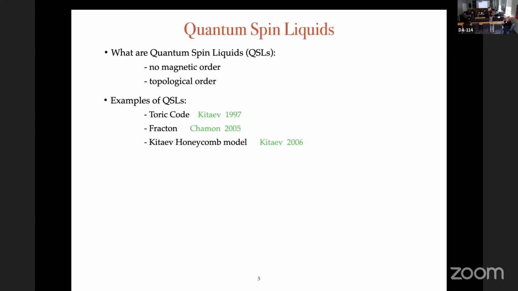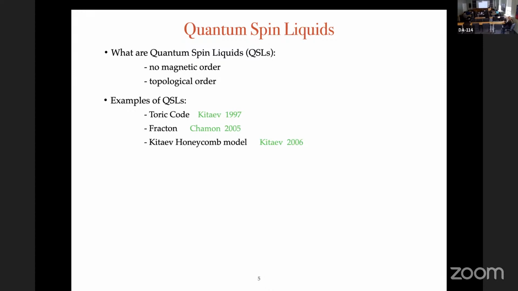So what are the typical examples of quantum spin liquids? There are a couple of solvable examples. Toric code, first proposed by Kitaev in 1997, Fractal by my advisor Claudio Chamon in 2005, and the Kitaev honeycomb model by Kitaev around 2006.